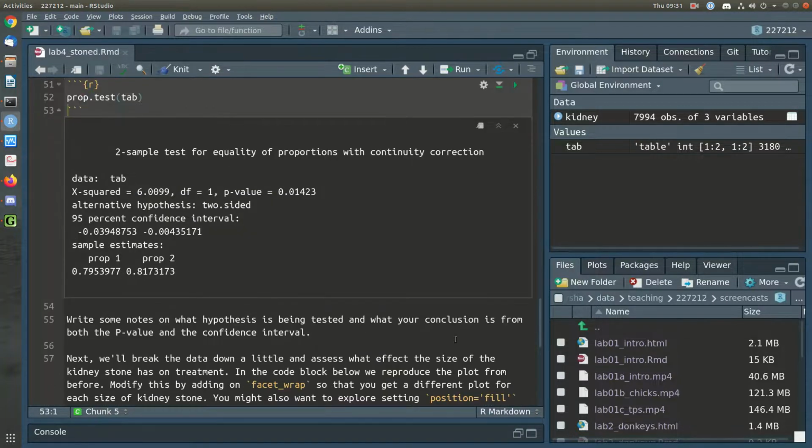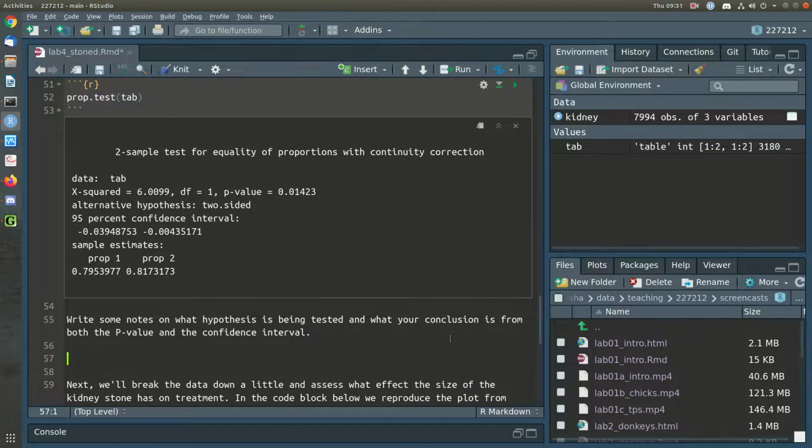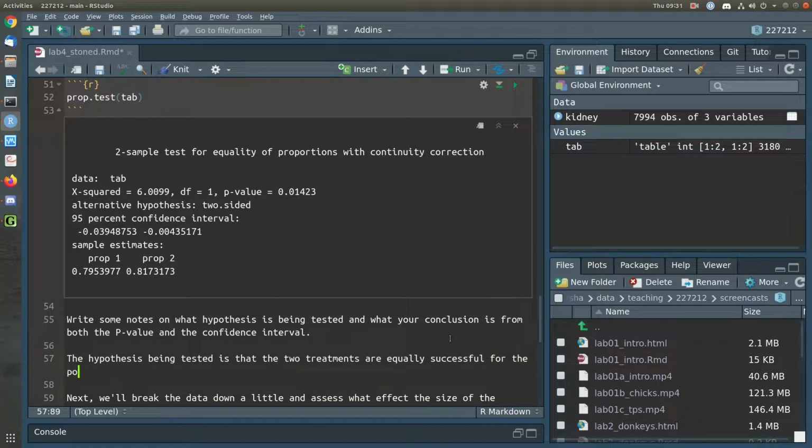So let's write down something about that. The hypothesis being tested is that the two treatments are equally successful for the population of all people with kidney stones. We didn't see this in our sample.